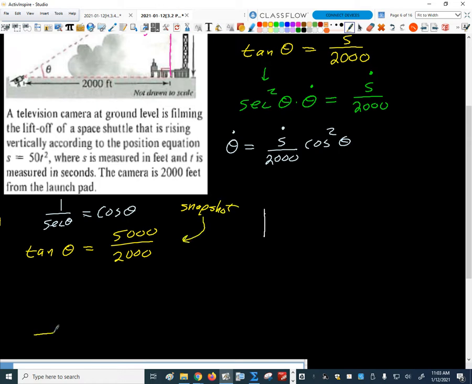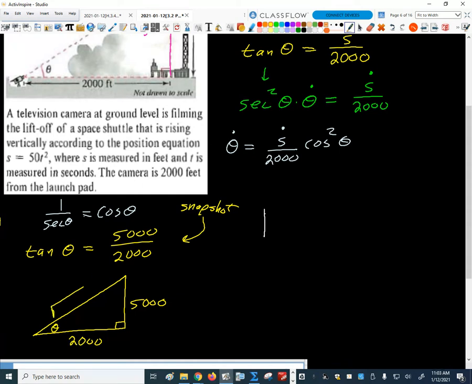So if we build this reference triangle, it's pretty simple. There's theta. This is 2,000. This is 5,000. And by the Pythagorean theorem, we can find the other side of this triangle pretty easily, right? It's just the square root of 2,000 squared plus 5,000 squared, whatever the heck that is, right?